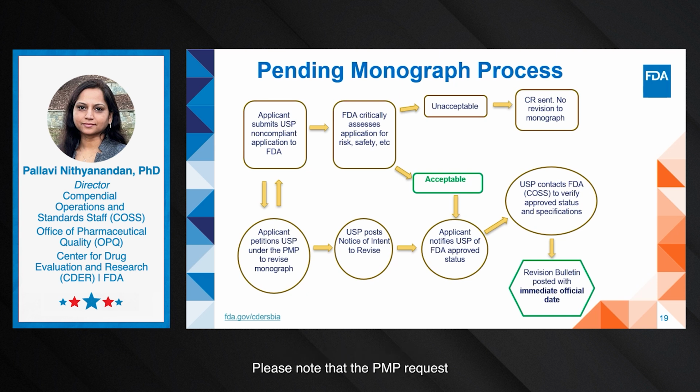Please note that the PMP request should be submitted to the designated USP email and not to the general revisions or donations email, and should be flagged as a pending monograph request for making sure that it gets to the right POC and also gets processed in a timely manner, avoiding any delays.